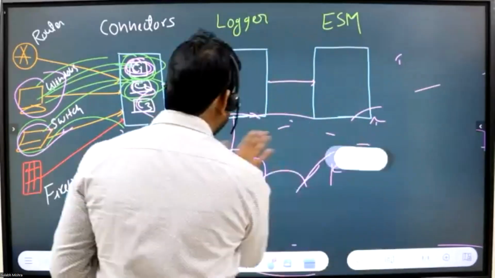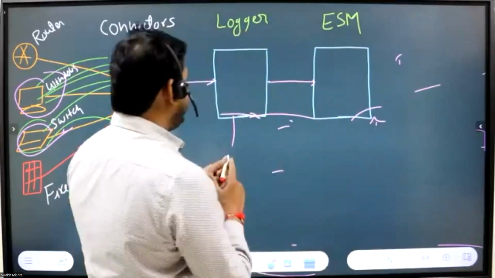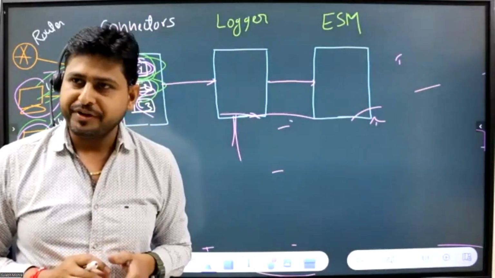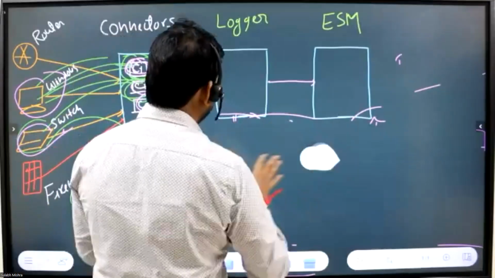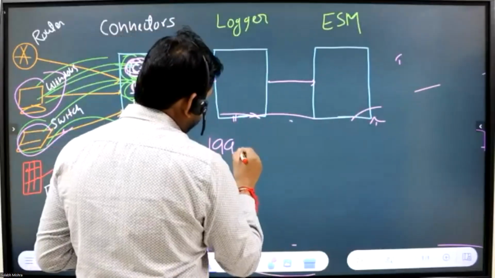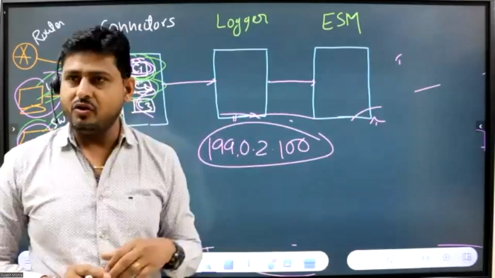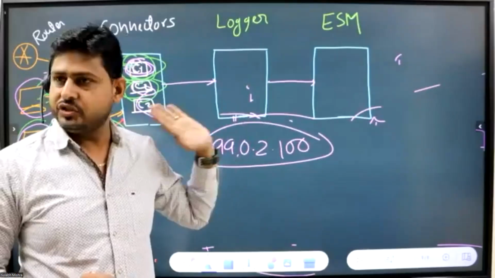Once you install the Logger, you can access the Logger console using a web browser. For example, you have installed the Logger on a server with IP address 199.0.2.100.